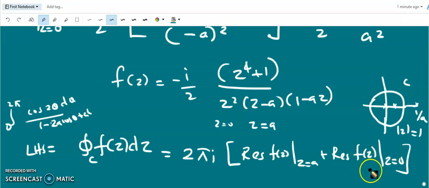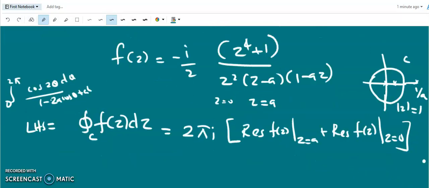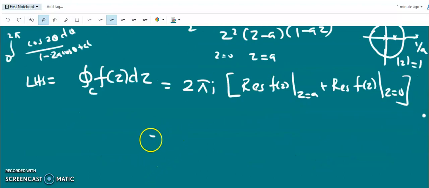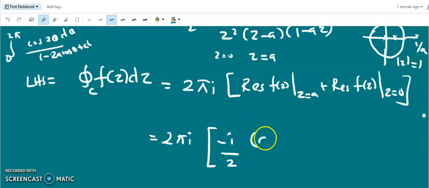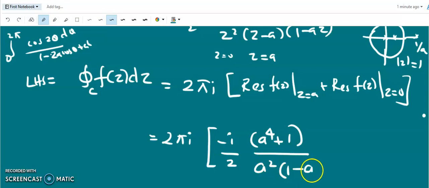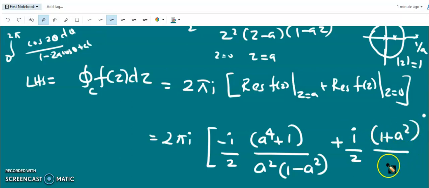So we have calculated those two residues and we just substitute, and we get 2 pi i into: at z equal to a, the residue is minus i by 2, a to the power 4 plus 1 divided by a square into (1 minus a square), and at z equal to 0, the residue is i by 2 into (1 plus a square) by a square.